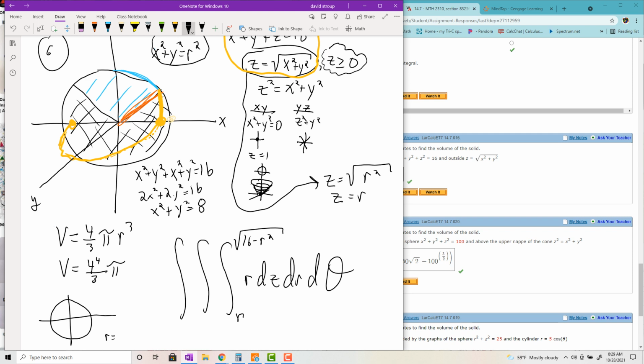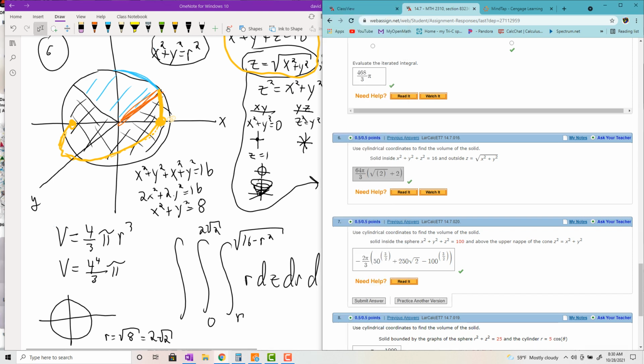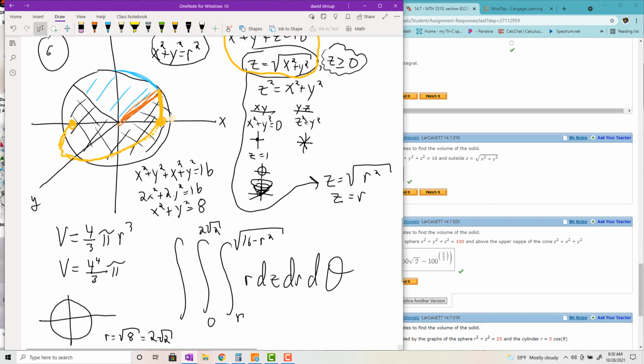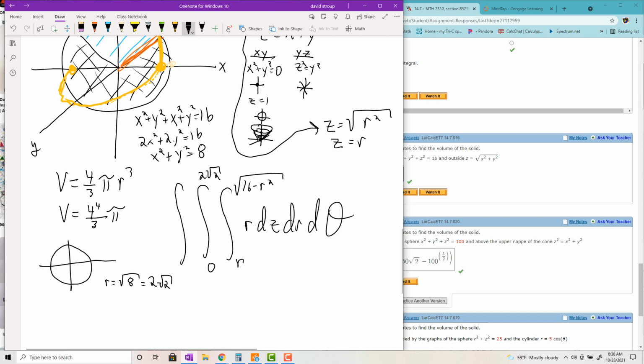So r would equal the square root of 8, or 2 root 2. So I'm going from 0 to 2 root 2, I believe. And then on the outermost integral, I'm going from 0 to 2 pi.